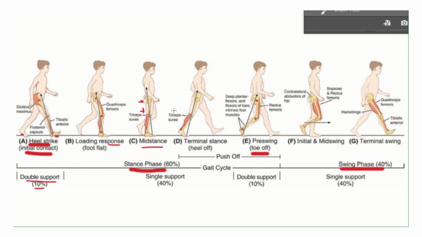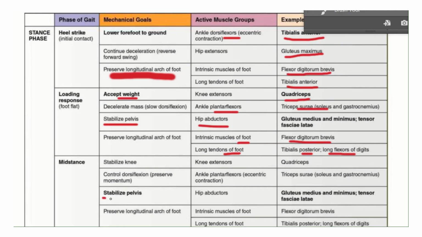So to stabilize the pelvis, the same muscles as we have studied earlier, the hip abductors, including medius and minimus, will be working. And as the weight is being distributed over the foot, to resist plantar flexion, the same intrinsic muscles of the foot and long tendons of the foot, which include flexor digitorum brevis, tibialis posterior, and long flexor of digits, will be working as well.